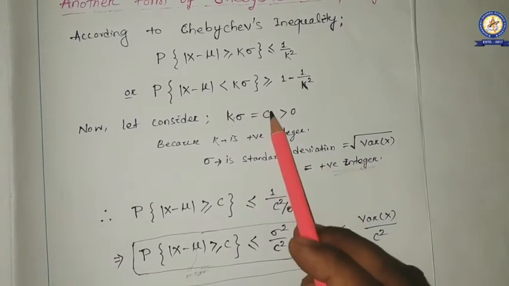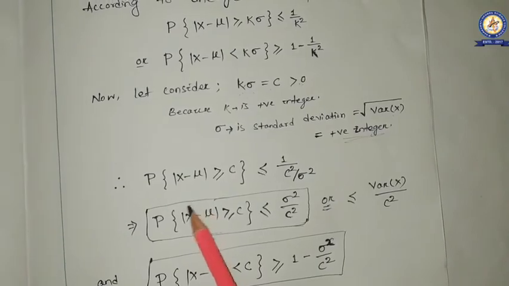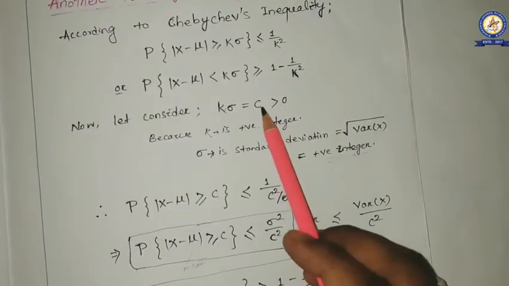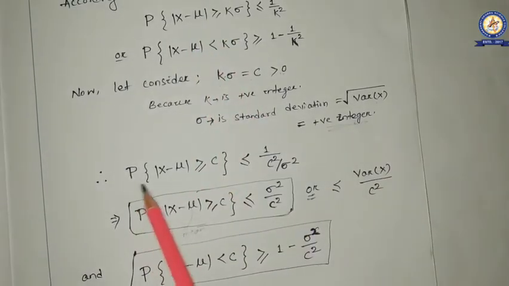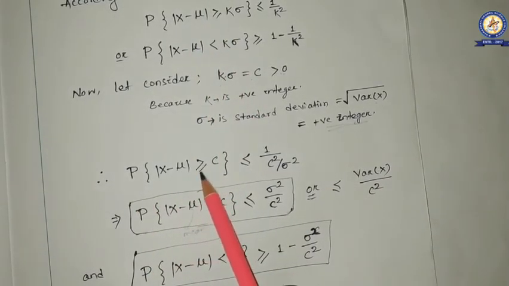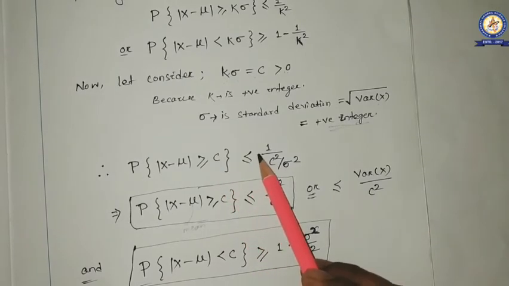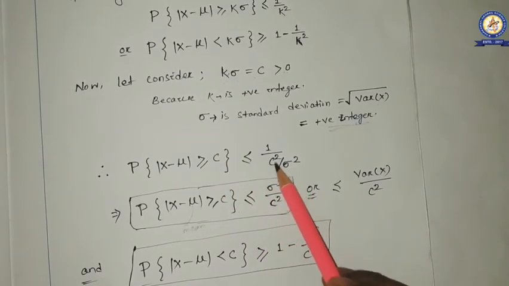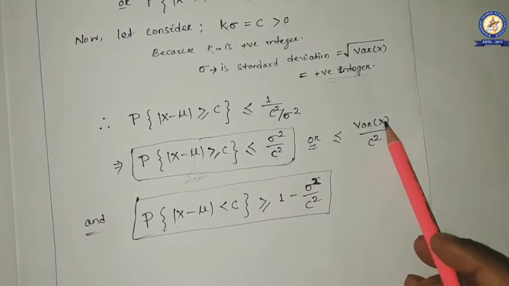So obviously c will be greater than 0. So now we have to put c by sigma instead of k. So this will be probability |x minus mu| greater than or equal to, instead of k sigma I write c, less than or equal to 1 by c square sigma square, or sigma square by c square, that is nothing but variance of x by c square.